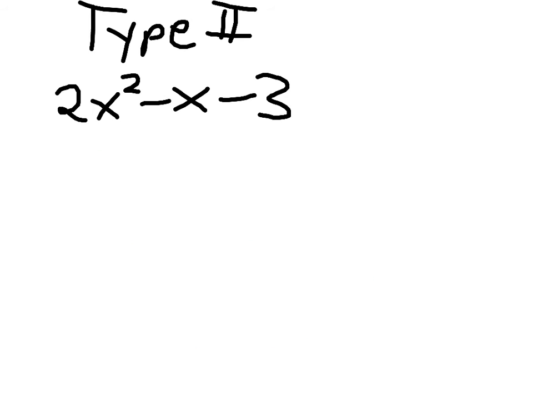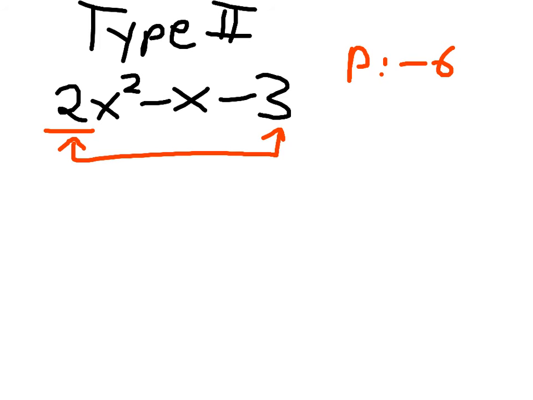Type 2 was when you had a number in front of the x squared. And the product is these two multiplied with each other. So your product becomes -6, because 2 times -3 is -6. The sum is still the middle number here, which in this case would be -1.